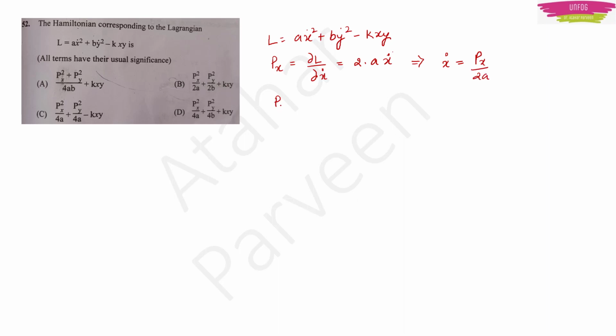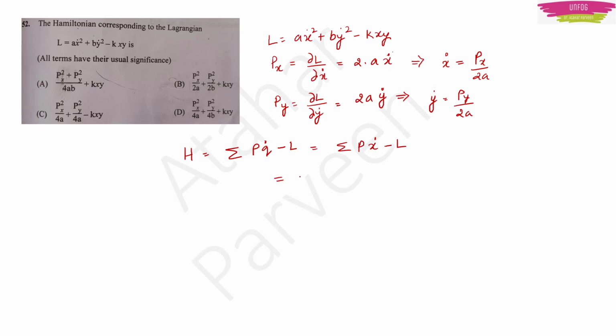Similarly, if I want to find the momentum in y direction, then I will do dL by dy dot. Then I get 2b y dot. So my y dot will become py by 2b. Now you find the Hamiltonian. Hamiltonian is equal to summation p into q dot minus L. You can also write this as summation p x dot minus L. Now substitute.